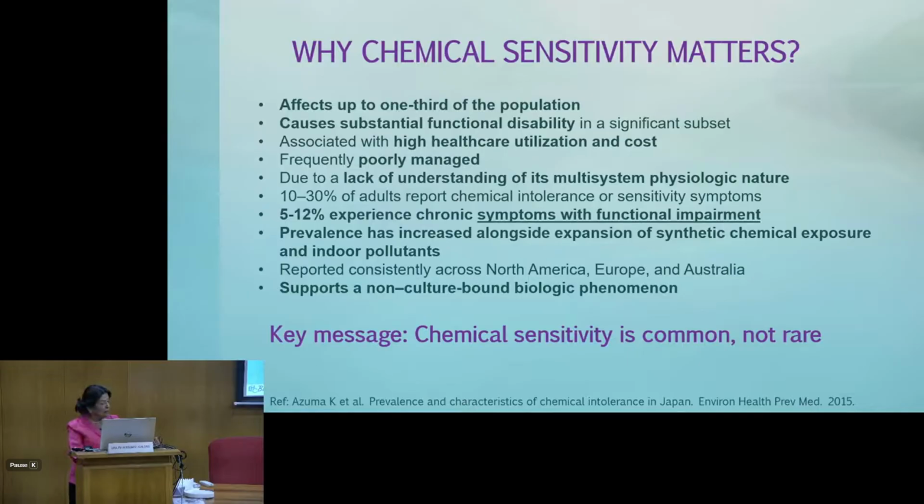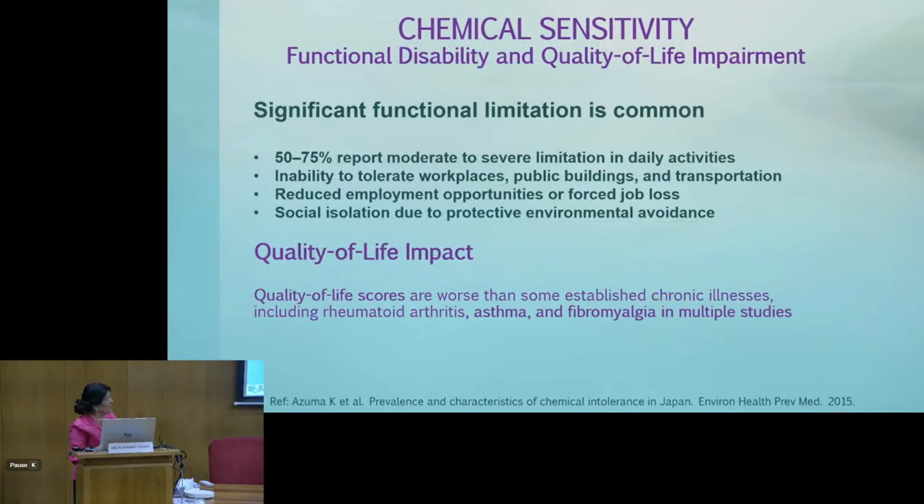However, 5 to 10% of patients experience chronic symptoms and functional impairment. 50 to 70% of these patients have moderate to severe limitations in their daily activities. They are unable to tolerate workplaces, public buildings, and transportation. Not only that, but they have reduced opportunities for employment, and many of them are socially isolated.